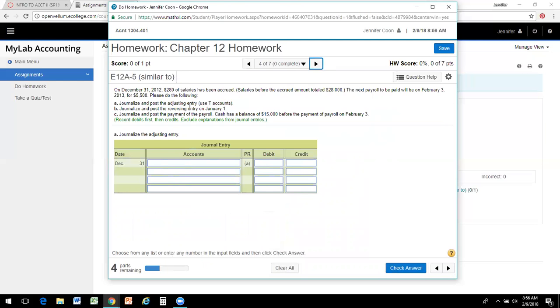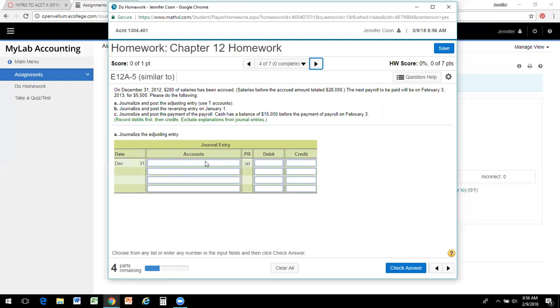Fourth problem is journalizing adjusting entries. They want you to do that reversing entry. I don't want you guys doing that part. Journalize and post the payment of payroll. I think I'll go in and I may adjust your homework.